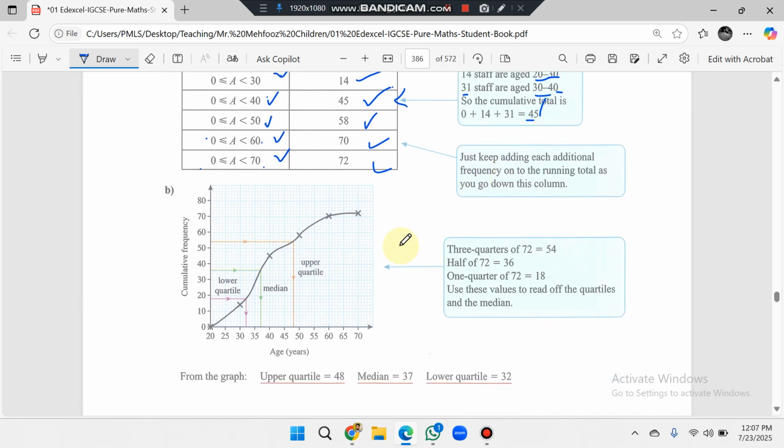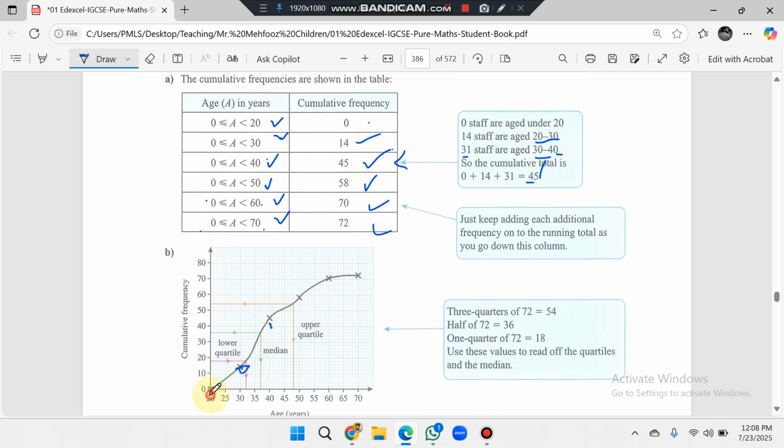So after that, we have to draw the graph of the cumulative frequency. You can see that the first one is this 20 to 30, so that will be 14. Next one is onward, so these are basically the values for the graph, right? The first one is 0, the second one is 14, the third one is 45, next is 54, 58, next is 70, and then 72, right?